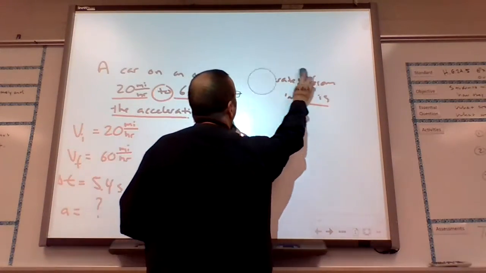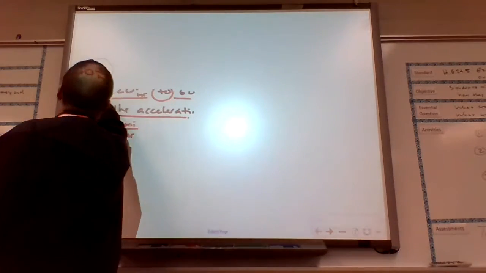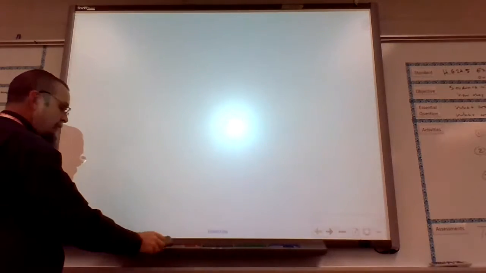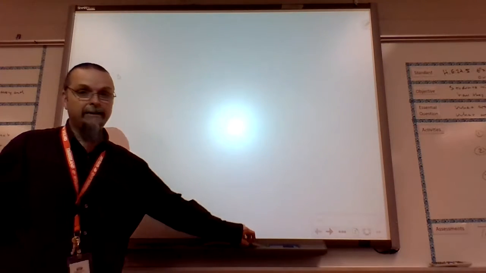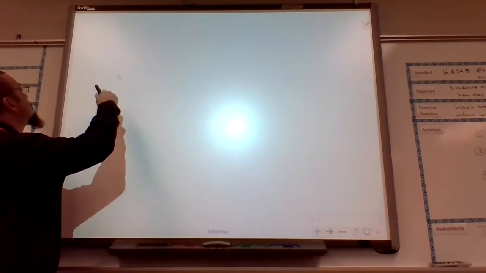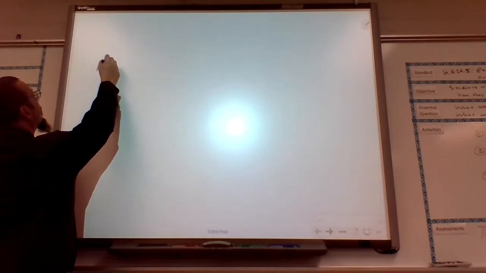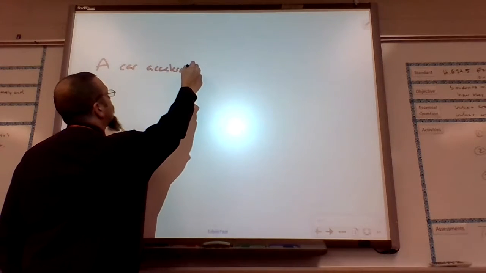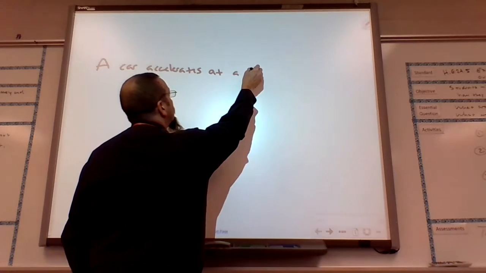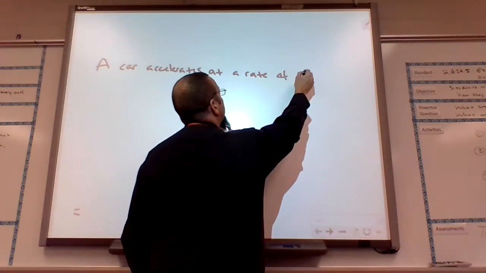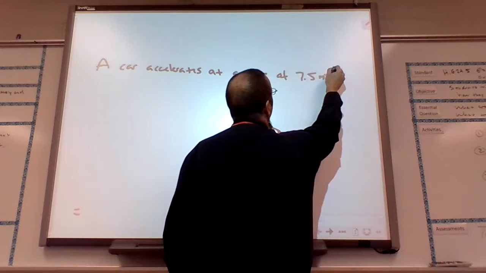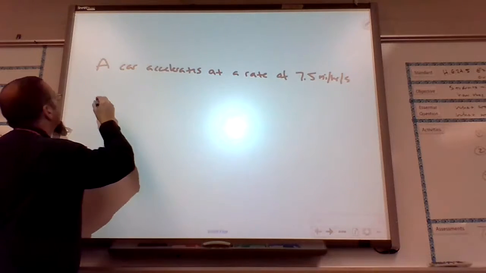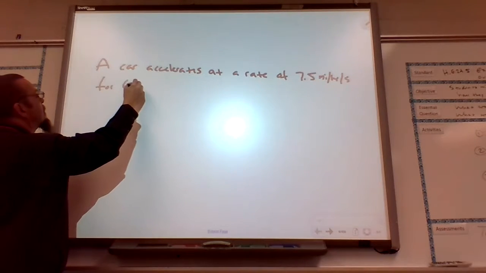All right, now for the algebra part, because this is physics, and you're expected to be able to solve for any of the variables in a problem. As I mentioned, we're doing it in this very specific way because of the algebra. Let's say a car accelerates at a rate of 7.5 miles per hour per second for 6 seconds.